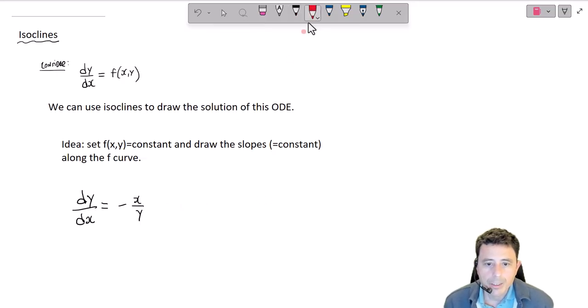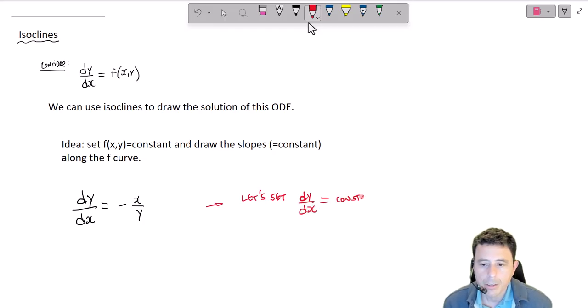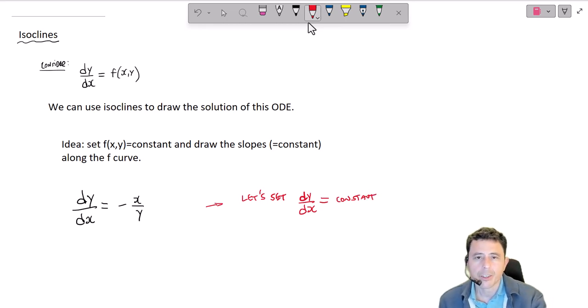So let's set the derivative to be equal to a constant. Now, is the derivative a constant in this ODE? Not necessarily, but we are setting it equal to a constant to see what happens. So it's kind of a trial and error to see what's going to happen.